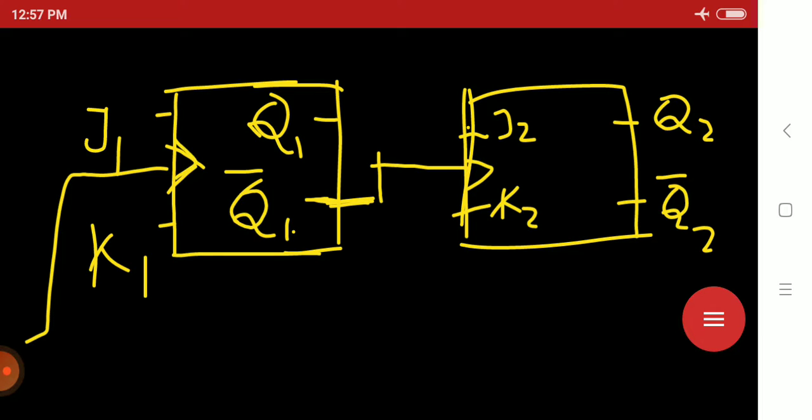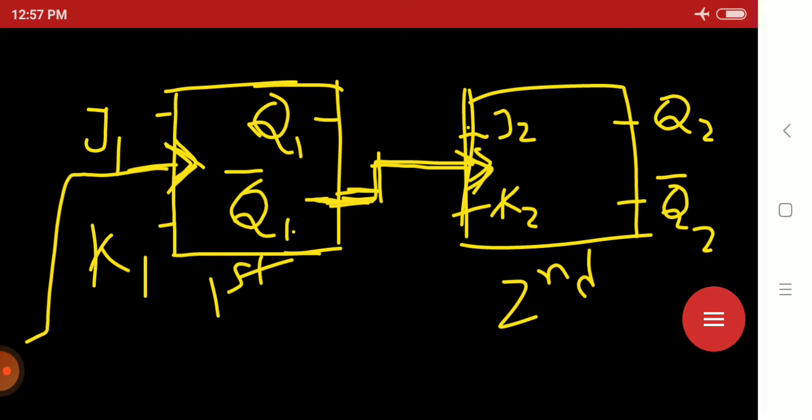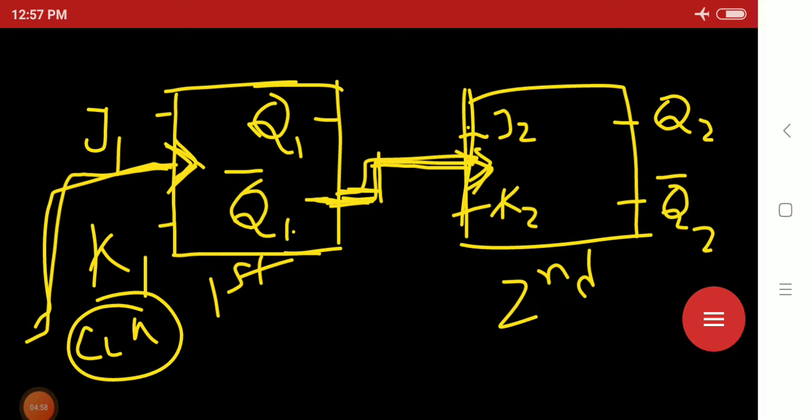Here the up counter sign is this triangle. Q1 bar, the complement, is connected to the second flip-flop. Here it is the first flip-flop, and this is the second flip-flop. Clock pulse will be given here.